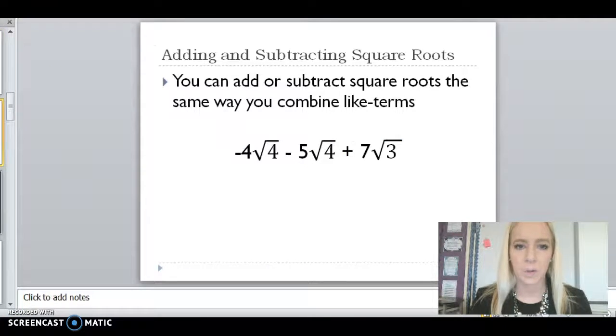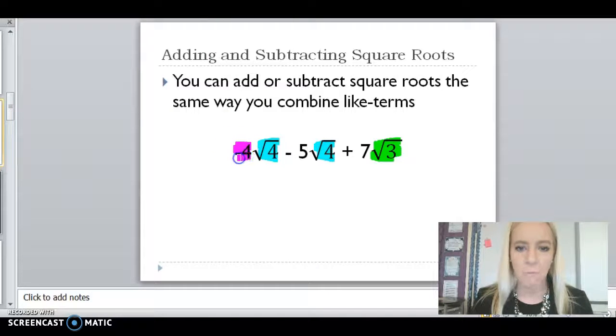Here's another example. Negative 4 square root of 4 minus 5 square root of 4 plus 7 square root of 3. I cannot combine these two terms with this term because a square root of 3 is not a like term of square root of 4.